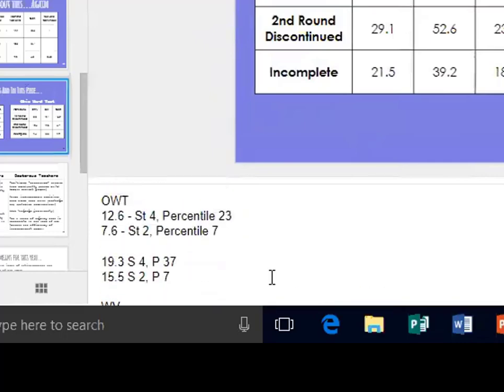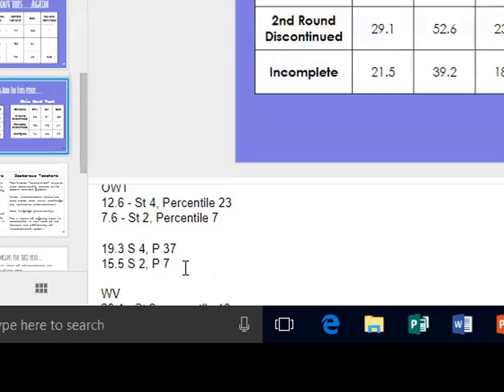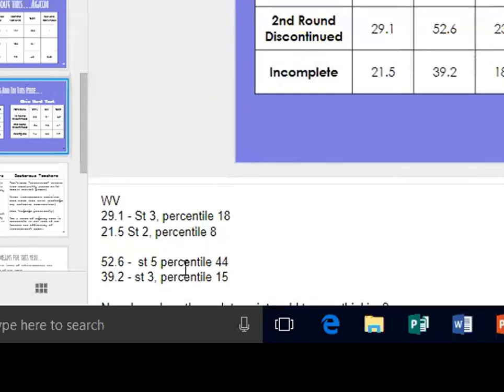You can see the difference between the 7th percentile and the discontinued kids, and then writing vocabulary. 18th percentile for second round discontinued coming in, and then they're leaving at the 44th percentile, which falls in that average band. So go back to the text reading.